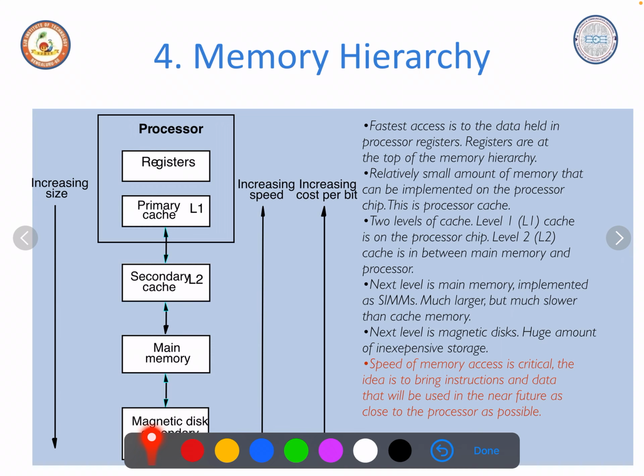If you look at the size of the memory, it keeps increasing. You have a small number of registers, and the primary cache is of small size within the processor because of space constraints. Then secondary magnetic memory, a hard disk, is a huge memory which can be used to store large data.